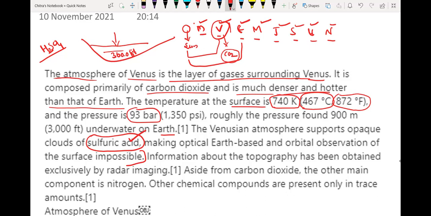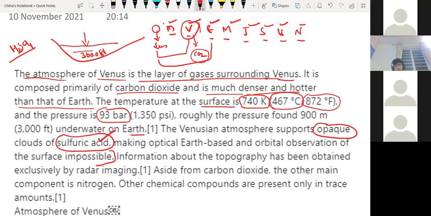Because the sulfuric acid cloud forms an opaque layer. Opaque means not transparent or very little transparent. That's why collecting information from Venus becomes very difficult. Information about the topography has been obtained exclusively by radar imaging. So whatever information we have about the surface of Venus is with the help of radar only.